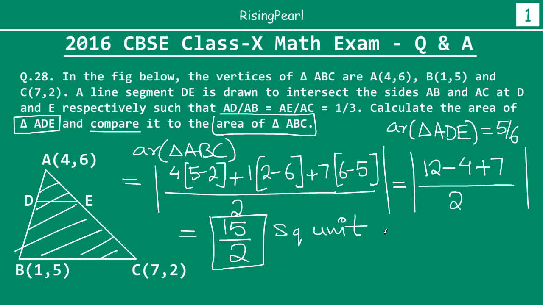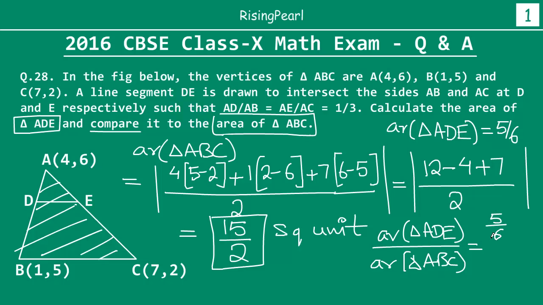So we will say area of triangle ADE divided by area of triangle ABC will be 5 by 6 divided by 15 by 2, or in other words, this ratio will be 5 times 2 divided by 6 times 15.